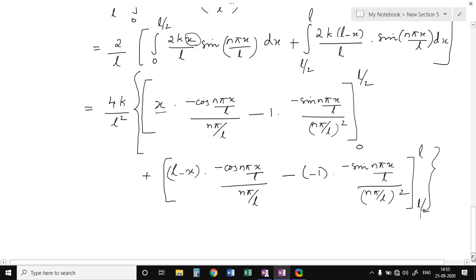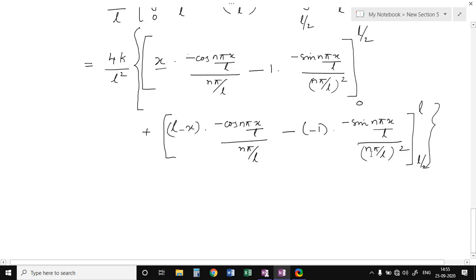So now the next step is applying the limits. Here you apply the upper limit, that is L by 2. When you substitute L by 2 here, you will get cos n pi by 2, that is 0, and here we will get sin n pi by 2, which is not equal to 0, so we will get value from here.